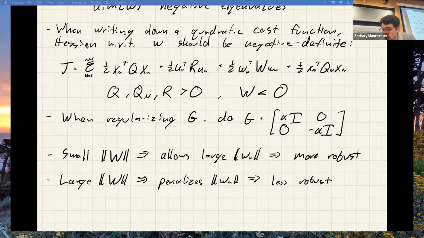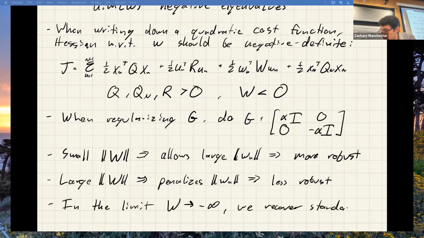And as we said when we were looking at that cost function, if you stare at that for a second, in the limit as the big W goes to negative infinity, we get back standard DDP.